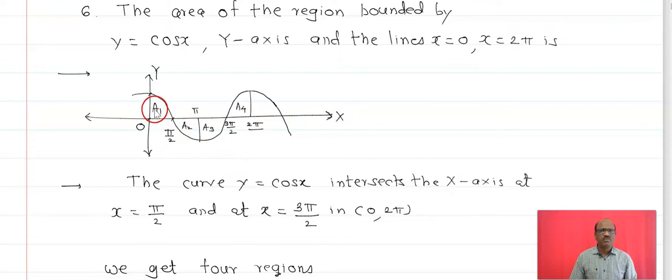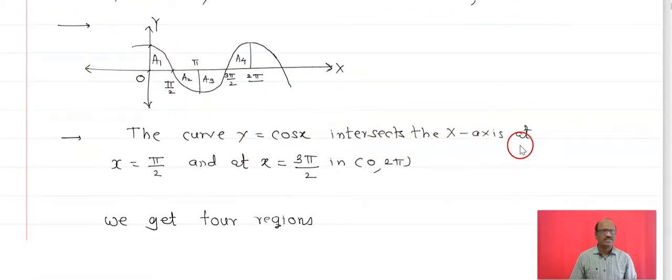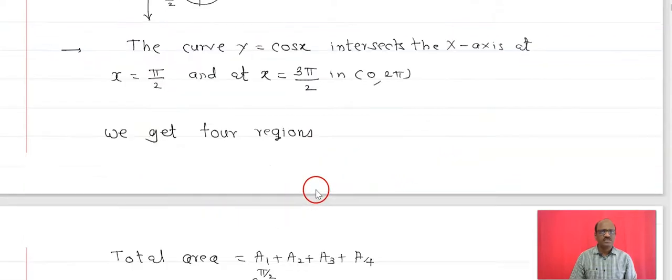It means we want to find out A1, A2, A3, A4. If we find out the area A1 and multiply it by 4, then we will get the required area. The curve y is equal to cos x intersects the x-axis at x is equal to pi by 2 and x is equal to 3 pi by 2 in 0 to 2 pi. We get the 4 regions.